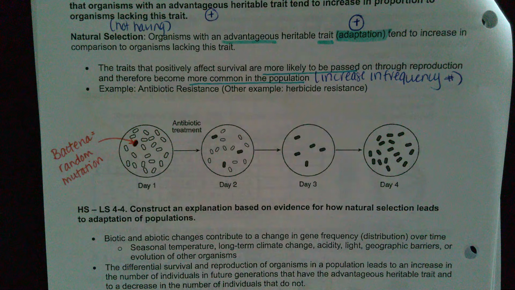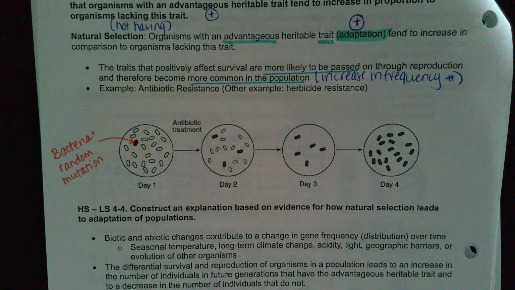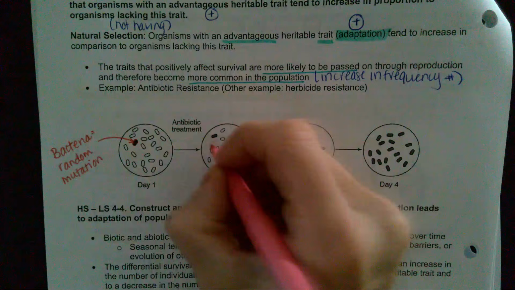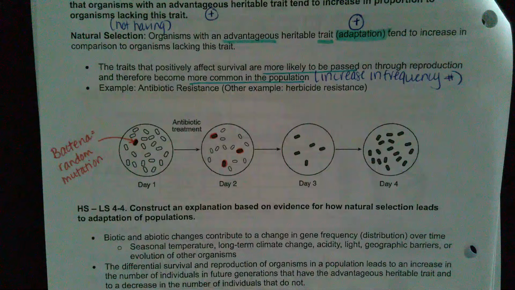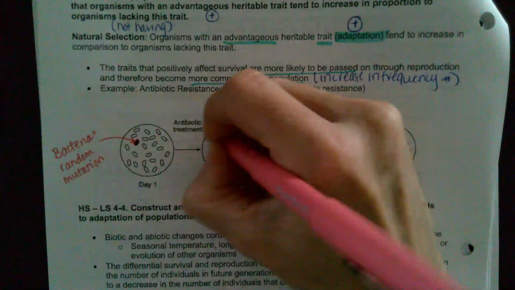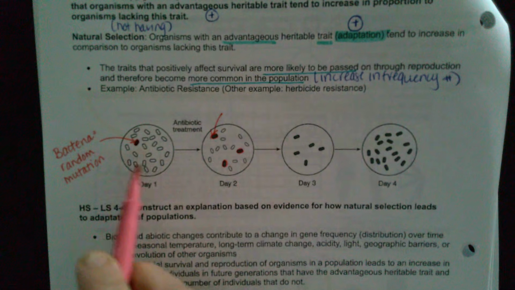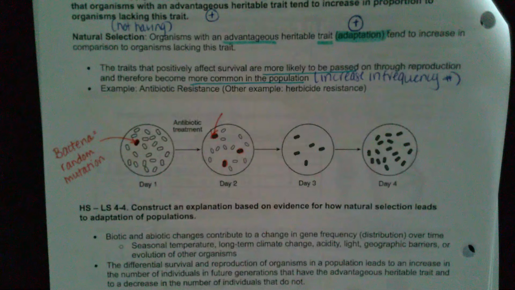Over here, what do you notice? I notice that there's less of the white ones, but there happens to be more of the gray ones. This mutation, which randomly occurred before you got the antibiotic, was a good thing for the gray one because they're able to survive and reproduce.